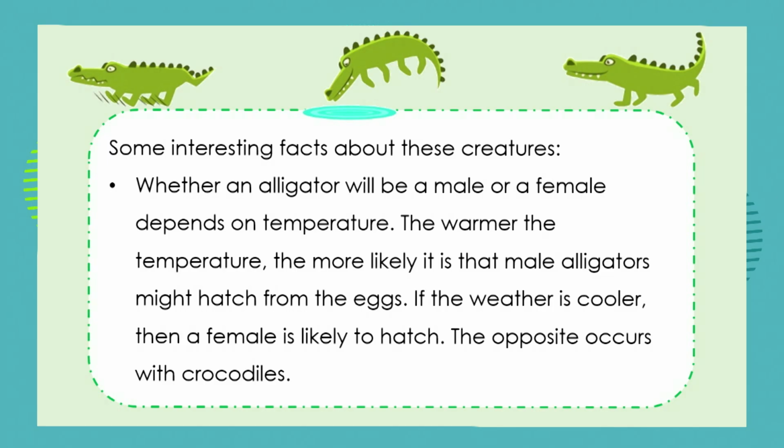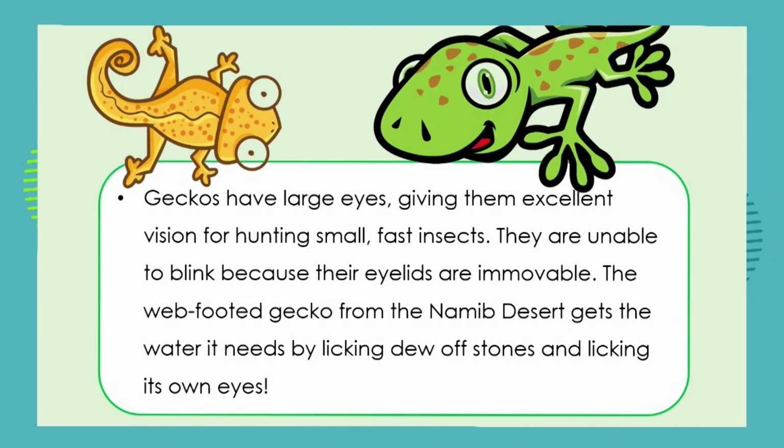The opposite occurs with crocodiles. So, like we've said here, if it is warmer, the more likely the male alligator. With crocodiles, it is the opposite, which means female crocodiles like to hatch in the summer or when it's hot. Okay, let's carry on.